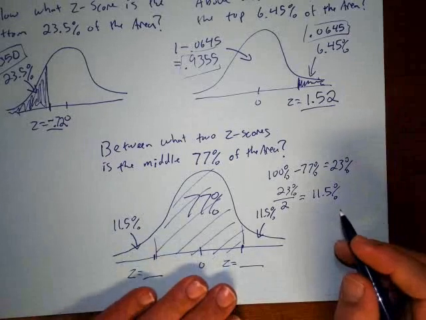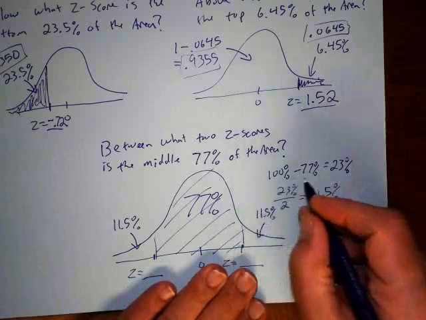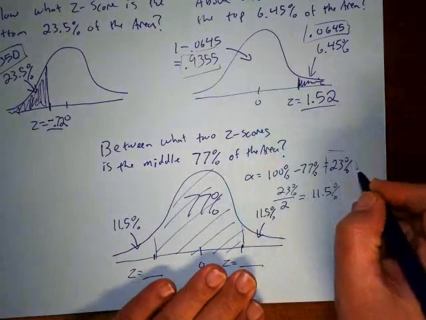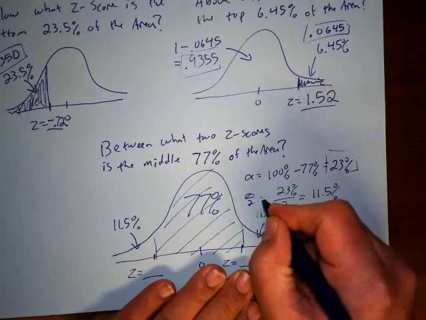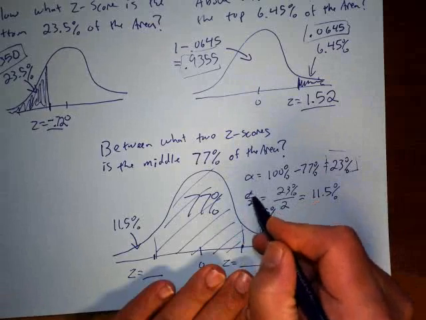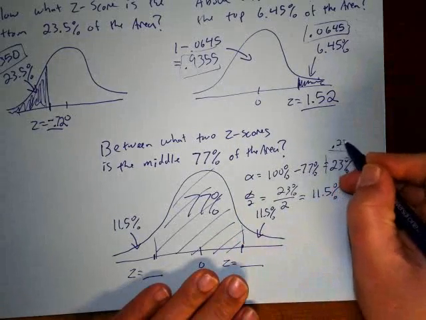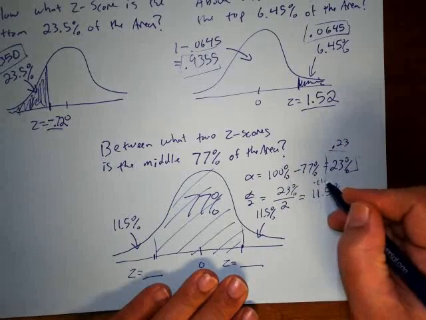Let me just say one thing real quick. When we get to chapters 7 and 8, this area here is going to be known as alpha. And this is actually alpha over 2. Alpha is known as the significance level of a test. Okay, and you'll write it like a decimal. And this would be like 0.115.